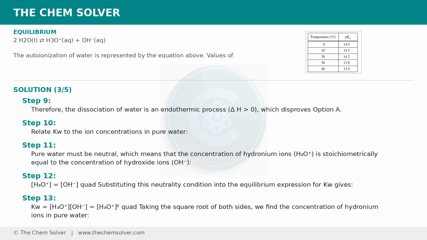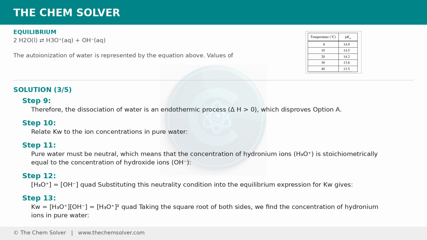Relate Kw to the ion concentrations in pure water. Pure water must be neutral, which means that the concentration of hydronium ions, H3O+, is stoichiometrically equal to the concentration of hydroxide ions, OH-. H3O+ equals OH-.